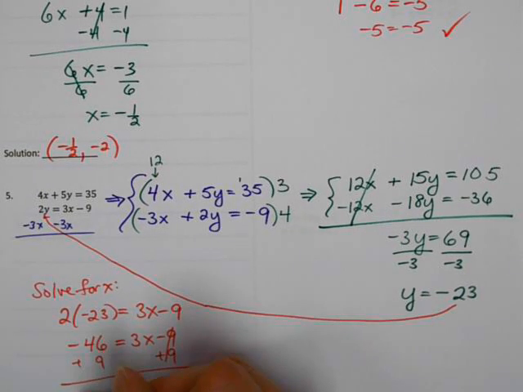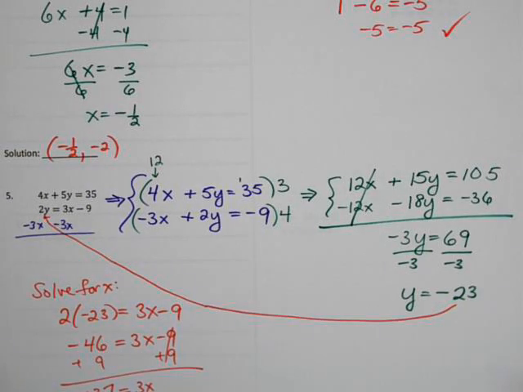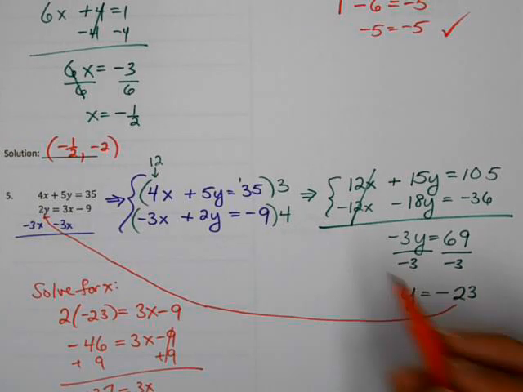So it's going to be negative 37. Is that working out? Why does it seem like it's so icky? Did I make a mistake somewhere?